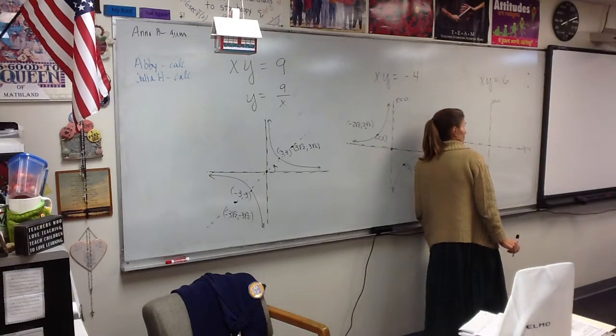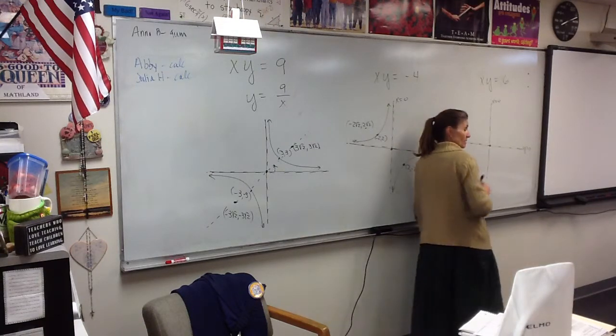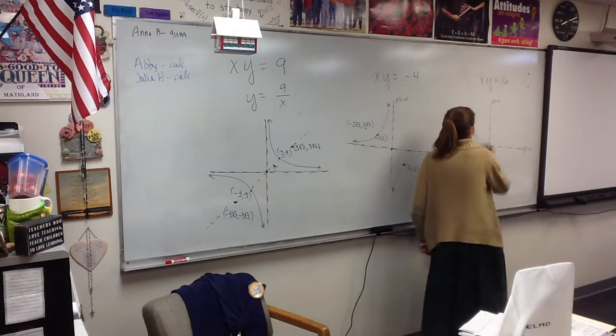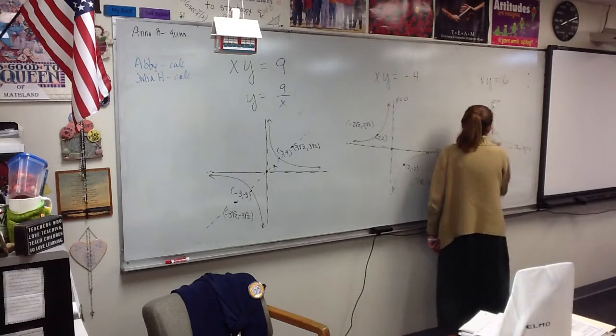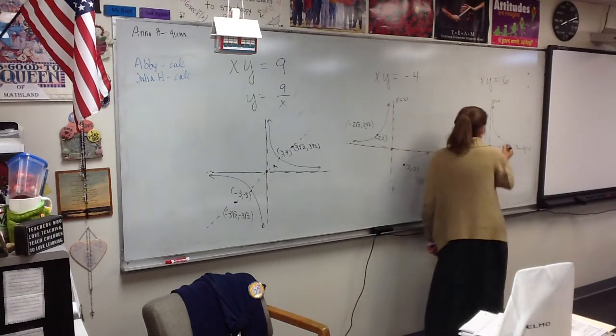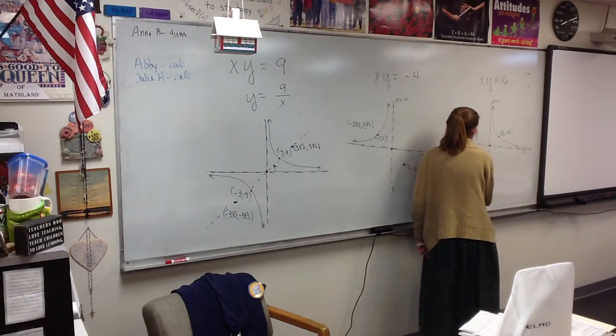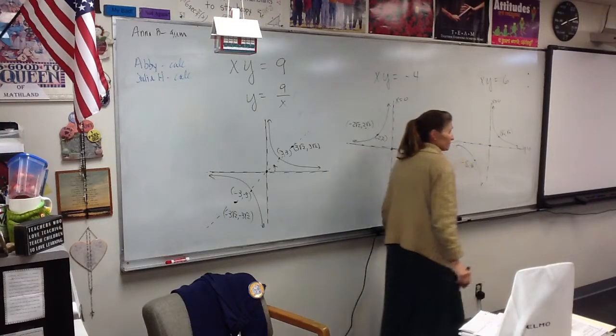Where's your center? The origin. Which quadrants is this one in? 1 and 3 or 2 and 4? 1 and 3. So where are my vertices going to be? Exactly, √6, √6, and -√6, -√6.